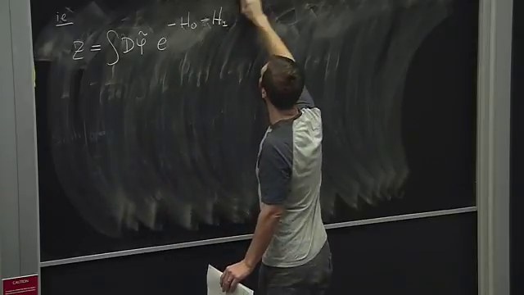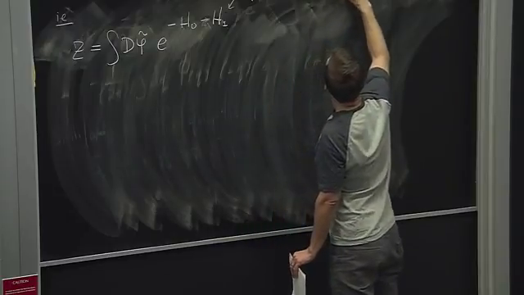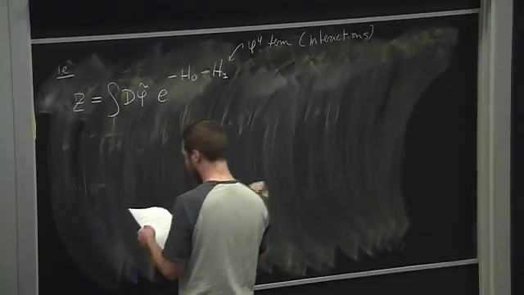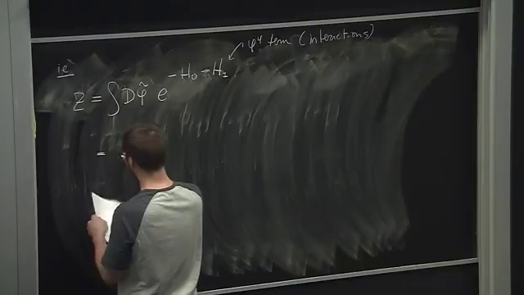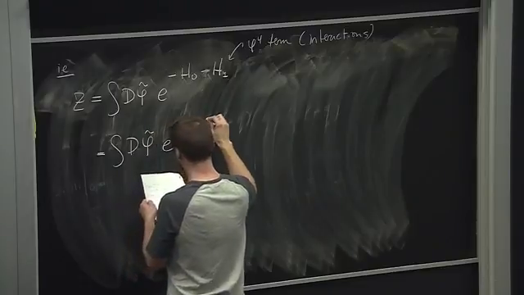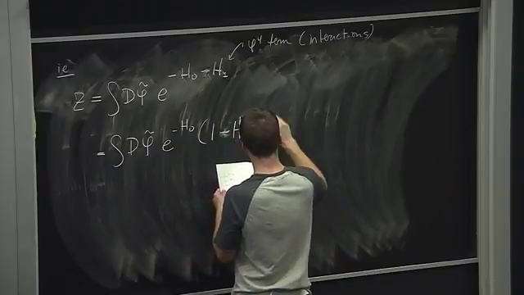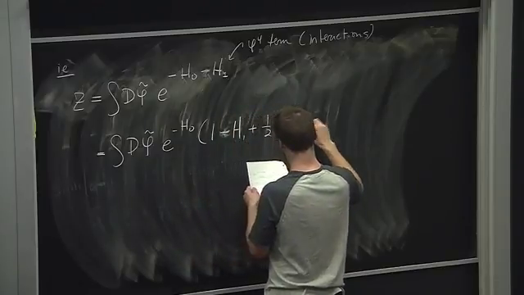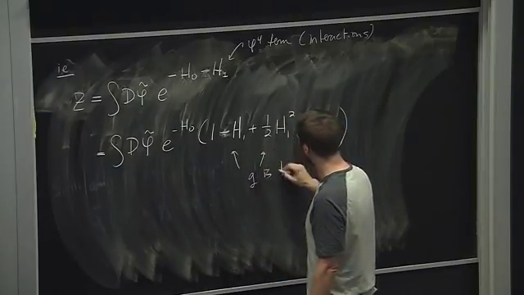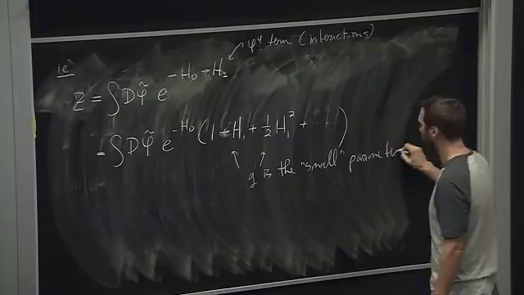That's your phi-4 term. Interactions. So what we're imagining doing is writing this as d phi, and then Taylor expanding 1 plus, maybe it's minus, I don't know, h1 plus 1/2 h1 squared plus blah, blah, blah. But the expansion parameter is g.